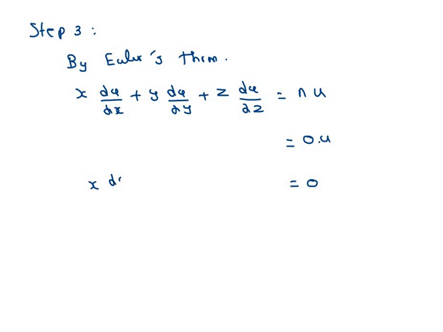So what is the answer? x dou u by dou x plus y dou u by dou y plus z dou u by dou z is equal to 0. That is the solution.